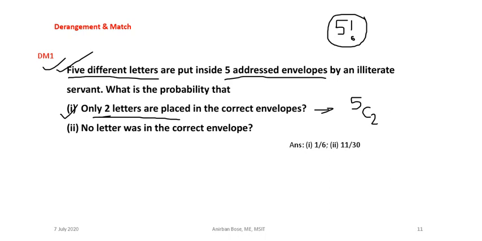Now the remaining 3 letters have to be incorrect and have to go into the incorrect envelopes. How many ways can the 3 letters go into incorrect envelopes? That can be found using the formula you know: n factorial times 1 by 2 factorial, starting from 1 by 2 factorial, and you have to write up to how many letters will mismatch, with alternating plus and minus.